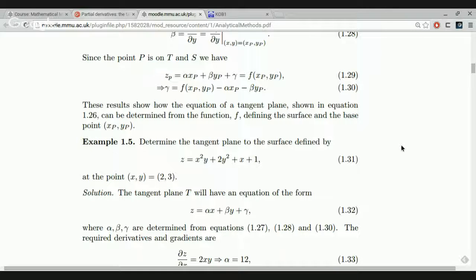And we need a base point. So describe the tangent plane to the surface given by this at the base point. We're just given the x and y coordinates here. Let's call that xp, yp to coincide with the description given earlier.